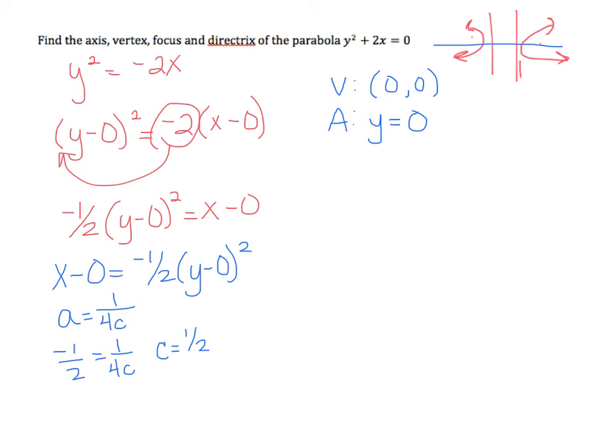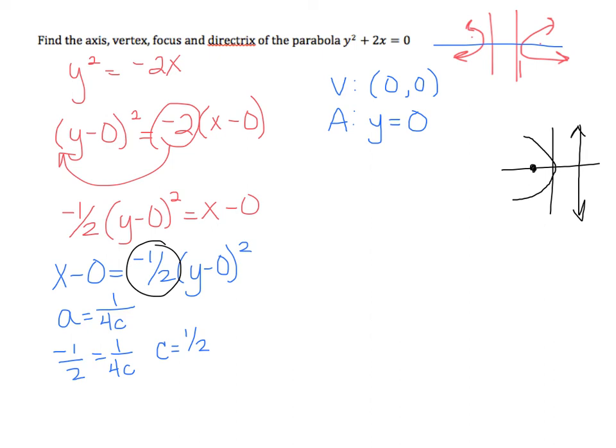That means that the focus is 1/2 unit away from the vertex, and the directrix is 1/2 unit away. So now we need to figure out which side it's on. Well, my a value right here is negative, so that tells me that my parabola looks like this. It goes backwards. My focus will be a 1/2 unit this way, and my directrix will be 1/2 unit this way.